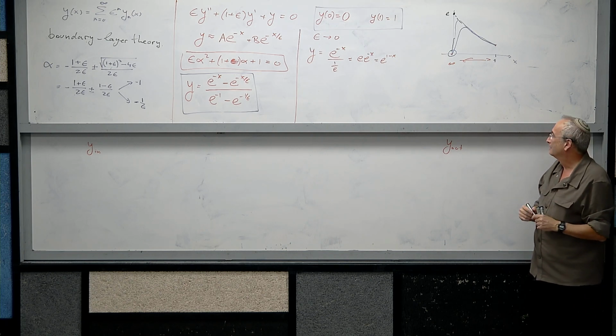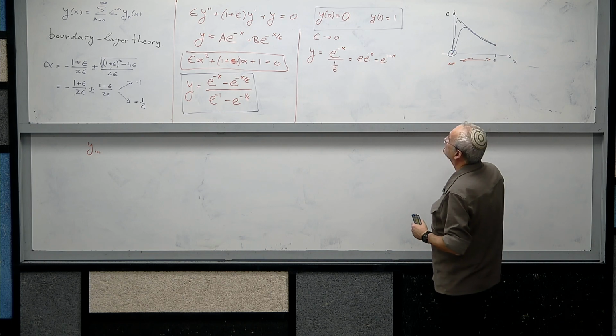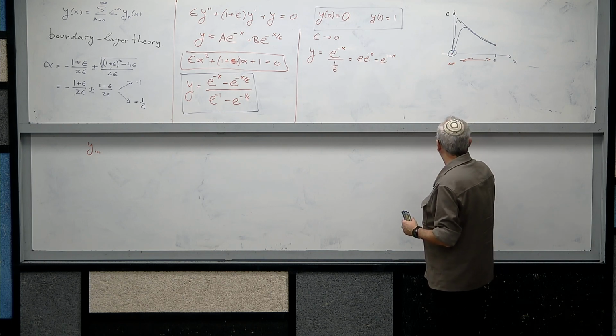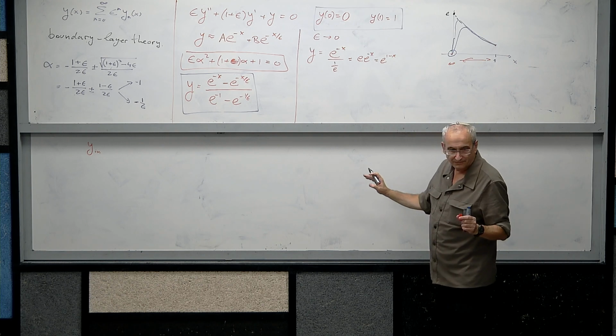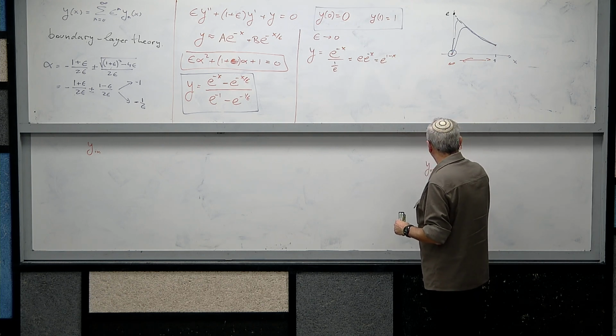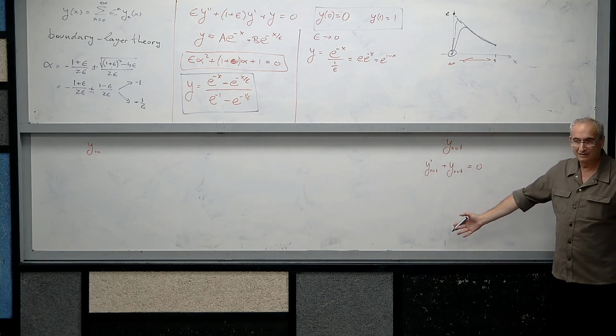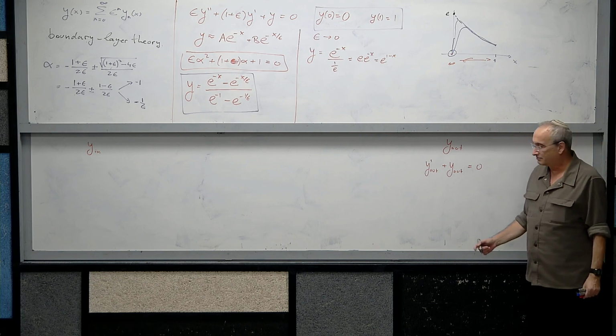But for the moment, for y out, I can simply say, very simple, epsilon is 0. So for y out, I will get y out prime plus y out equal 0. You see? No problems?